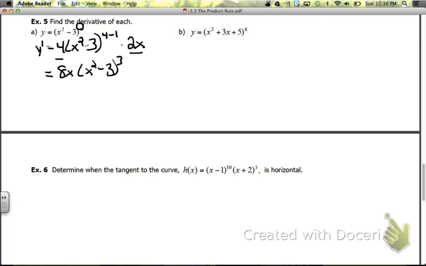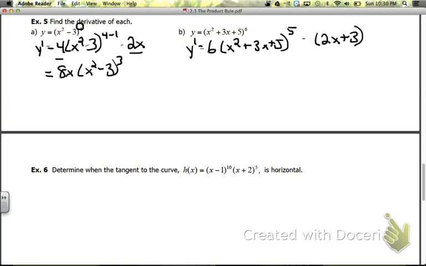Similarly, in example B, our y prime, bring down our exponent, so bring down that 6, multiply it by our whole function, x squared plus 3x plus 5. Our exponent is subtracted by 1, so we have a power of 5, times the derivative of what's inside our brackets, so times 2x plus 3.